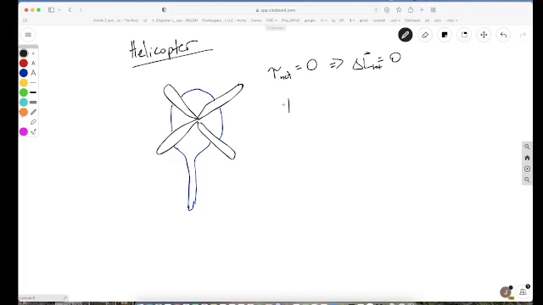Or we can have some net external torque, in which case something is adding angular momentum to this system, and there can be a change in the total. So let's figure out how to apply that to this helicopter scenario.